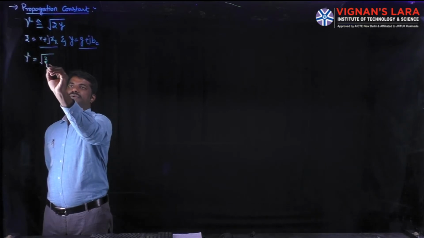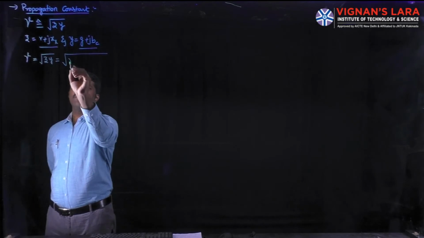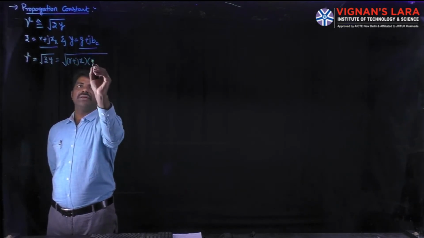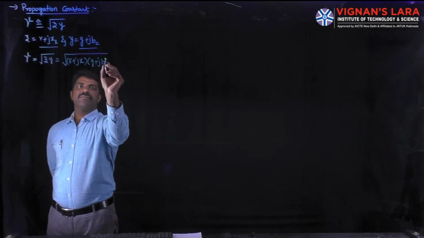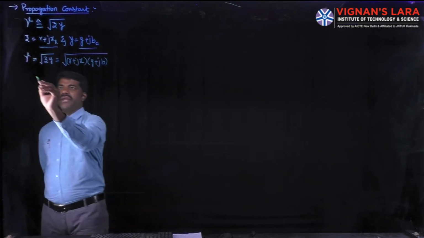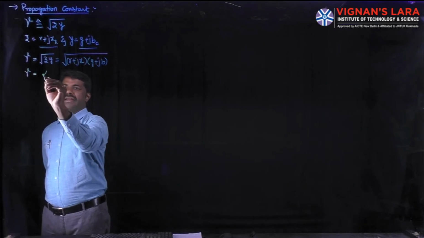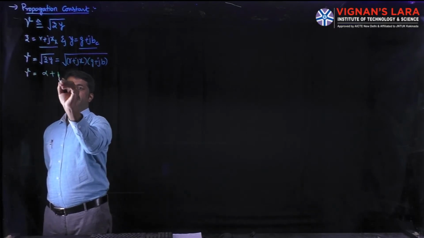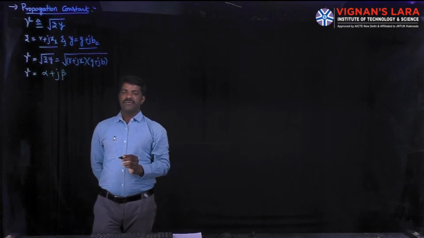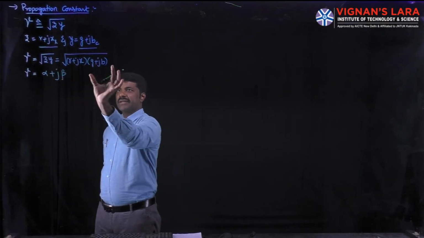Gamma is equal to square root of (R plus jXL) multiplied with (G plus jBC). On multiplying these two and taking the square root, we get gamma as a complex value having some real part alpha plus j beta.